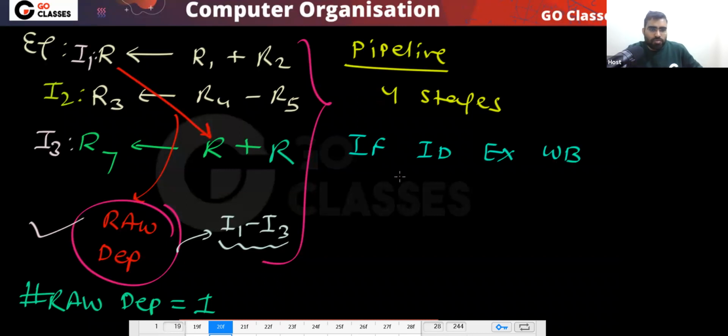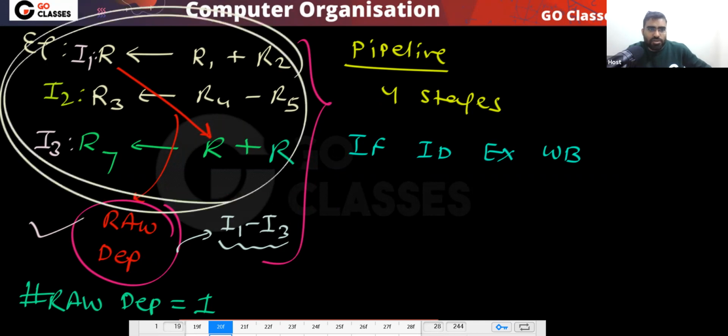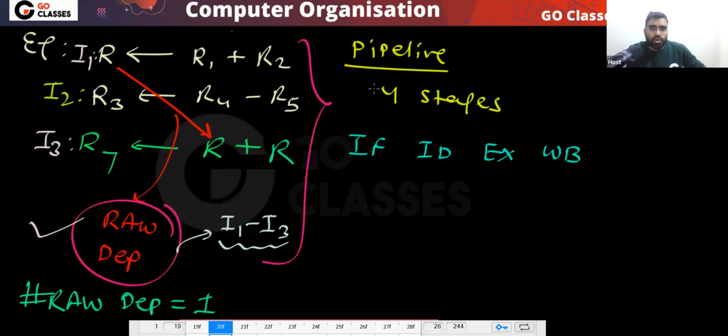Let's assume there is no load. Tell me a simple point: for instructions like addition, subtraction, for arithmetic instructions, do you need data memory access? No. So assume there is a processor in which there are only arithmetic operations, right?